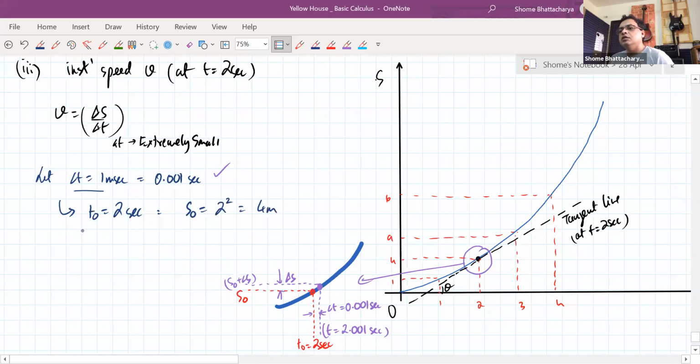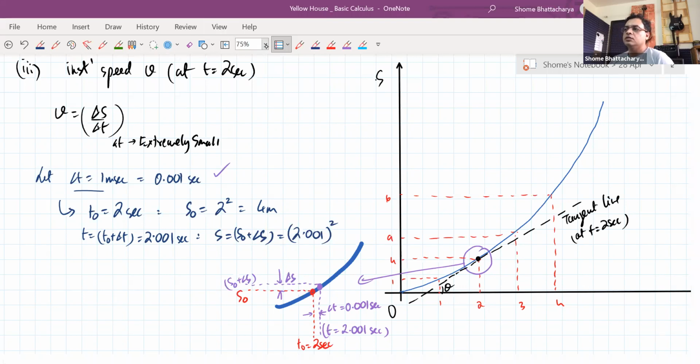But my next thing, which is t naught plus delta t, according to this value, is 2.001 seconds. So what should be my value of s? It should become s naught plus delta s, and that should become how much? 2.001 square. So can somebody do me the favor of doing this calculation and telling me how much it is? This will come out to be how much?